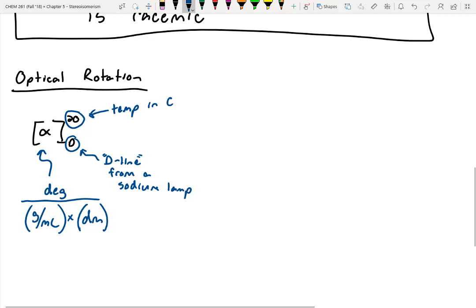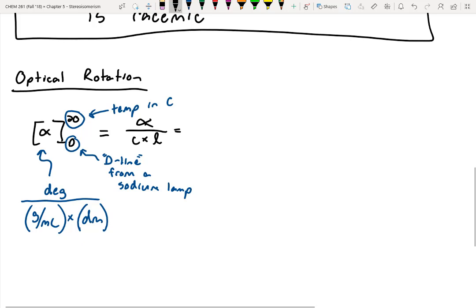So it's just one of those spectral lines that they isolate. They'll shine it through, polarize it into a planar fashion, and then shine it through your sample. All right, so kind of complicated. Like I said, though, it's your optical rotation times your concentration times your path length.